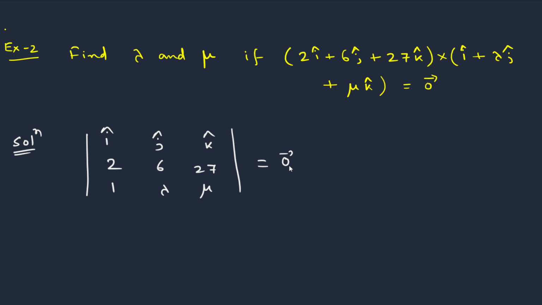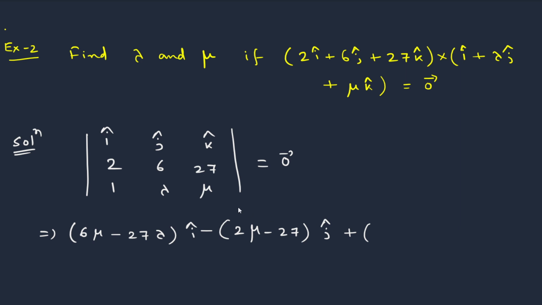Like the previous problem, you just expand this particular determinant and find the value. I'm not going to do it here. What we will get after expansion is (6 mu minus 27 lambda) i cap, then minus (2 mu minus 27) j cap, plus the last one, this vanishes, (2 lambda minus 6) k cap.